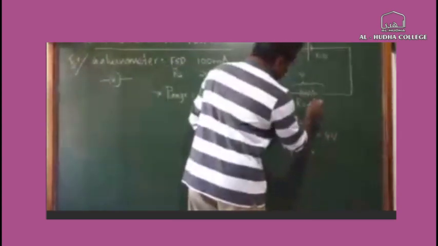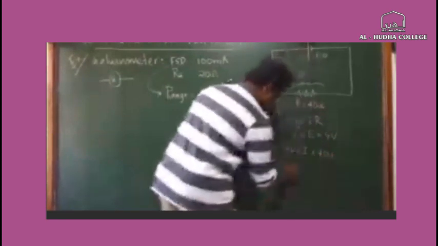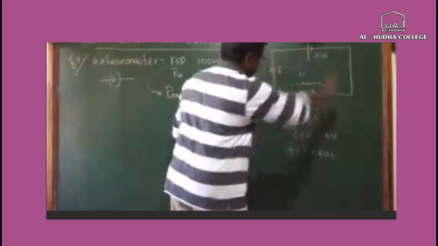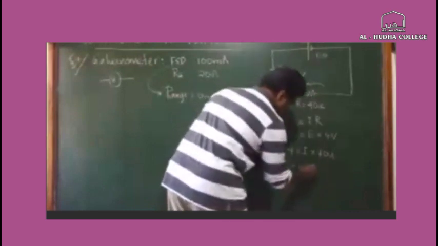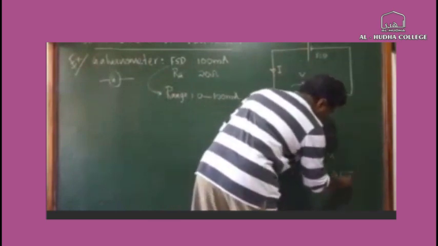Sorry, R is 40 ohm, right? So the current going through the circuit is 4 divided by 40, that is 0.1 amperes. 0.1 amperes, if you multiply by 1000, you can write it in milliamps.